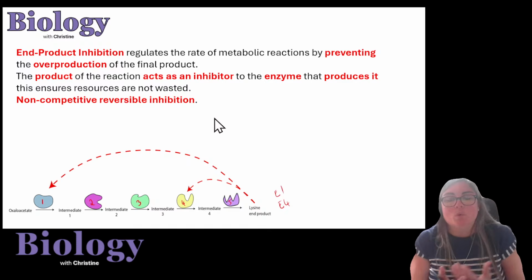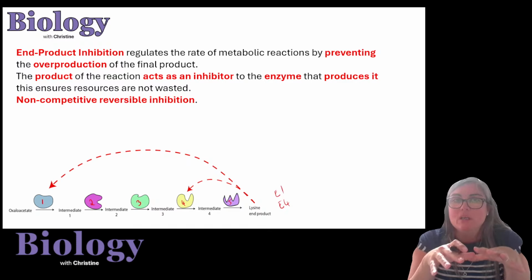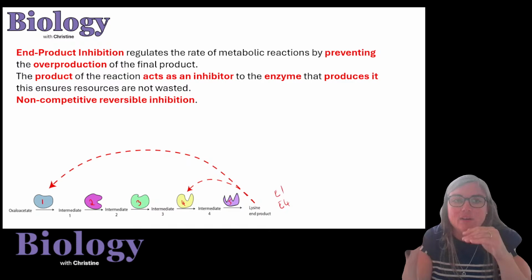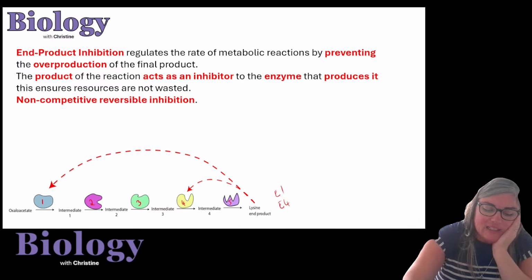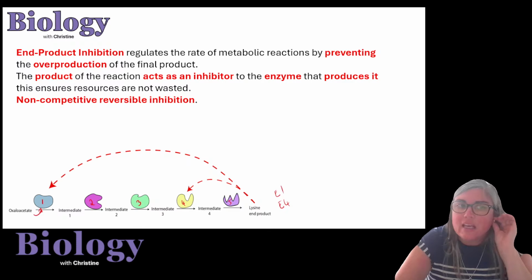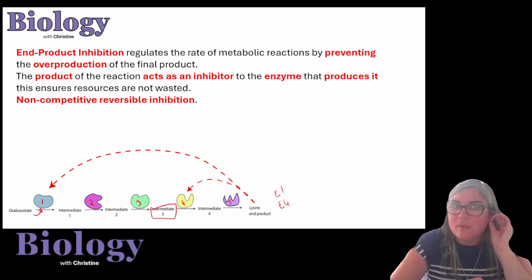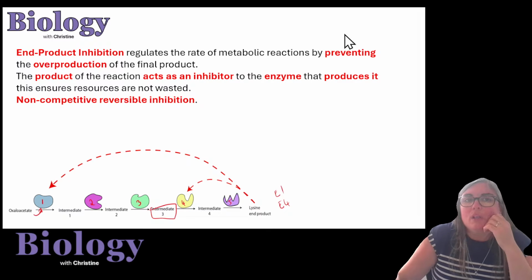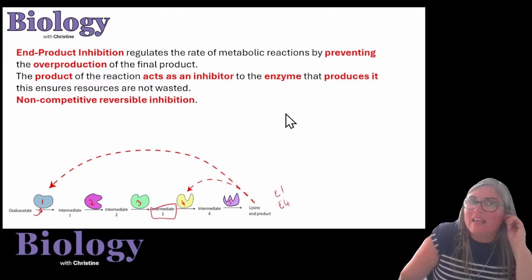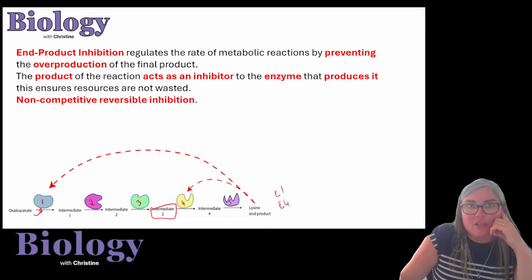We don't want it to be permanent, so we know it's going to be reversible, and we know that it's going to be non-competitive. It's going to bind to the allosteric site, because the active site for this one is for oxaloacetate. The active site for 4 is the intermediate 3. So it's a non-competitive inhibitor, and it is a reversible inhibition.